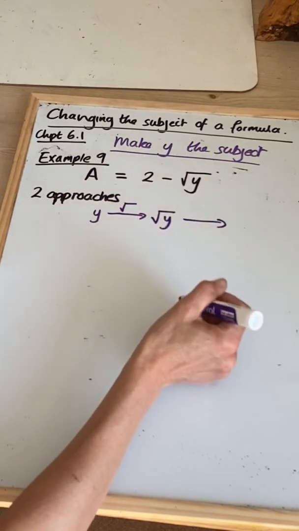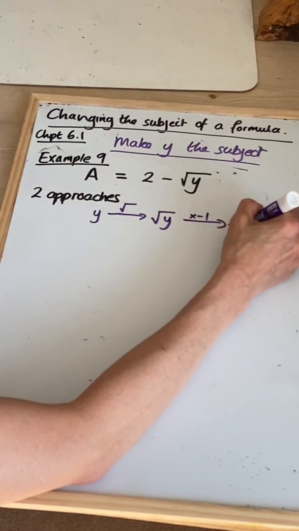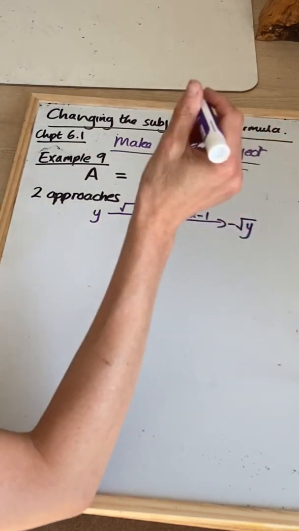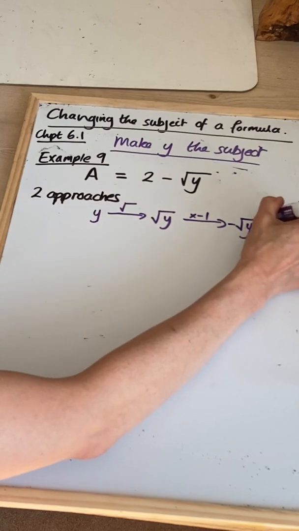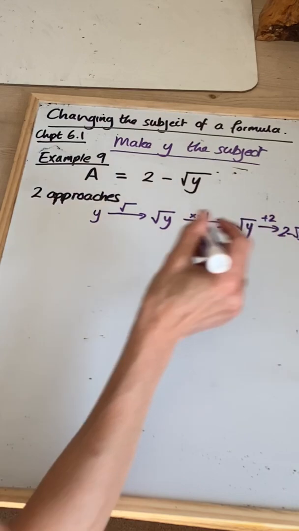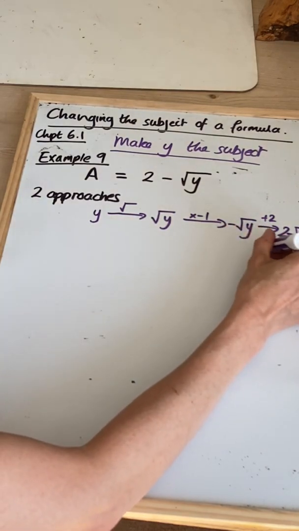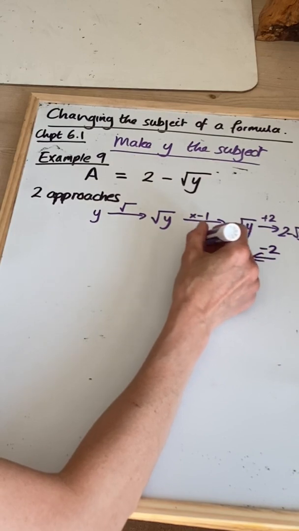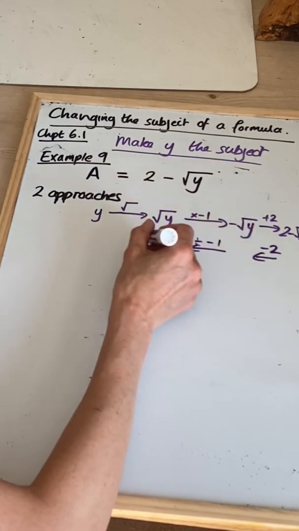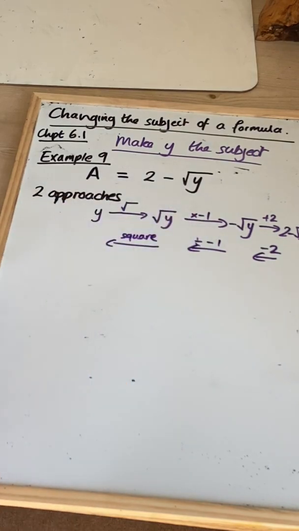It's got a negative sign in front of it, so it's been multiplied by -1, making it a minus root y. And then it's had a 2 added to it. So then it becomes 2 minus root y. So to reverse that process, we'd need to subtract 2. We'd need to divide by -1. And then we'd need to square. And that will work.